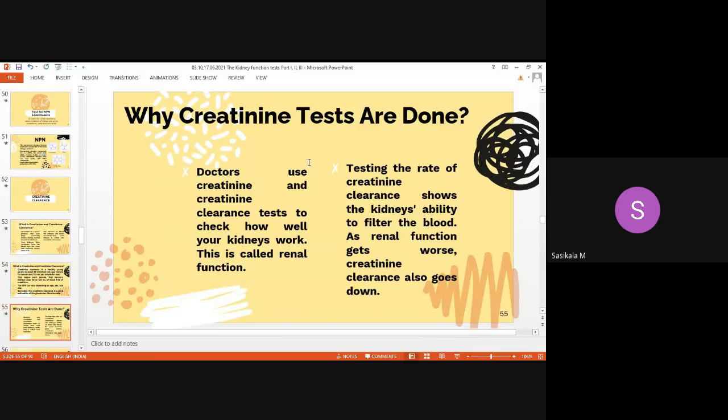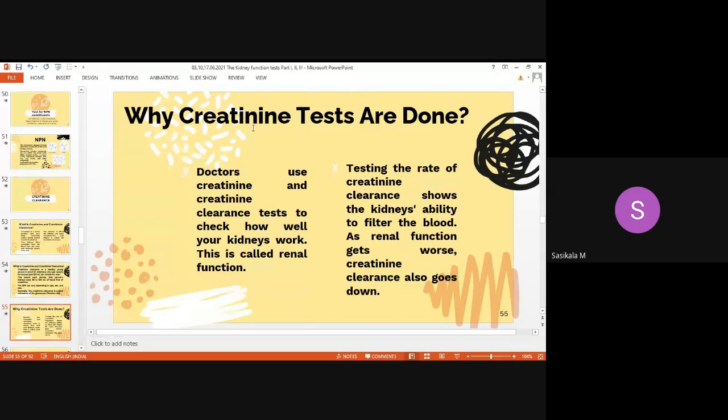That is why GFR is important, and it is the indication of kidney function. The creatinine clearance test is a major kidney function test. So we can find any problem related to the kidney by testing creatinine clearance.